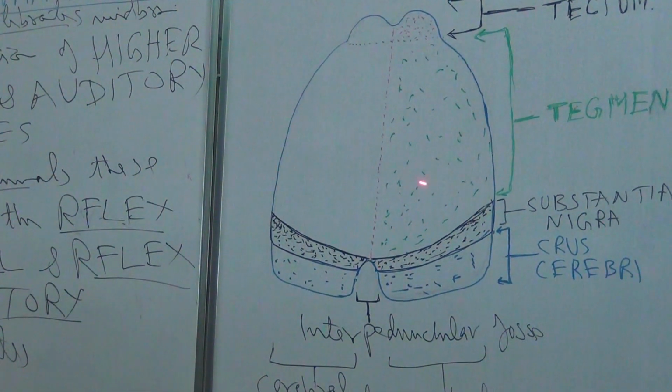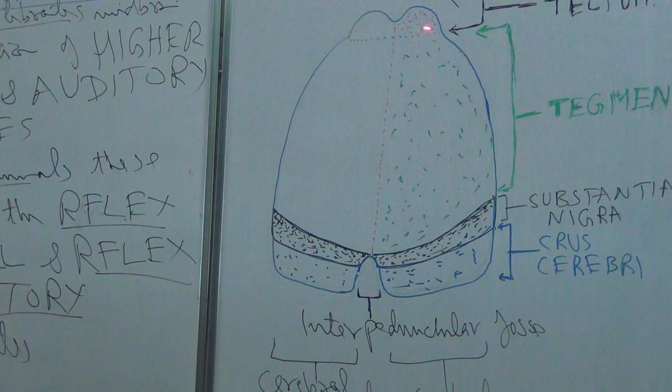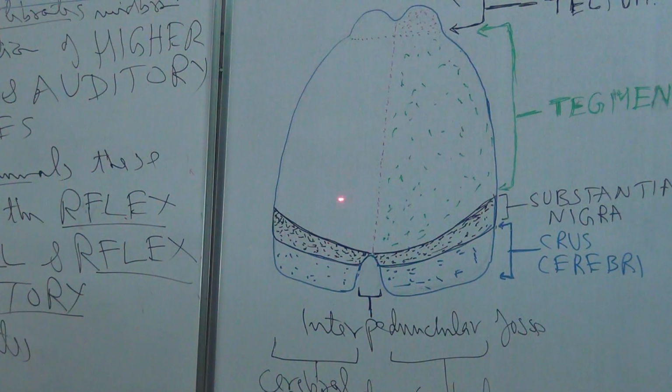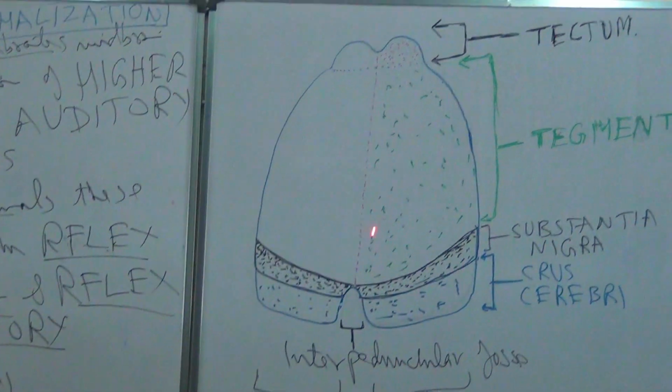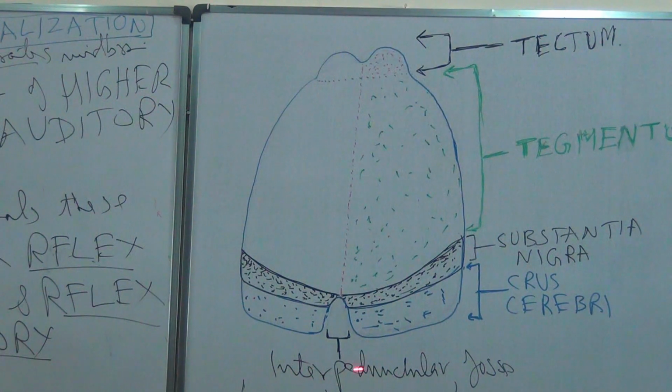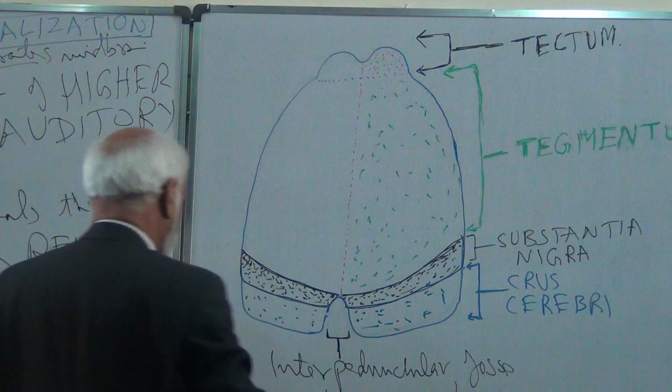But the tegmenta are continuous in the midline. Tectum is also continuous. The right tegmentum and tectum and the left tegmentum and tectum are continuous with one another in the midline. It is only the substantia nigra and crus cerebri which are separated from each other by a midline fossa known as the interpeduncular fossa.